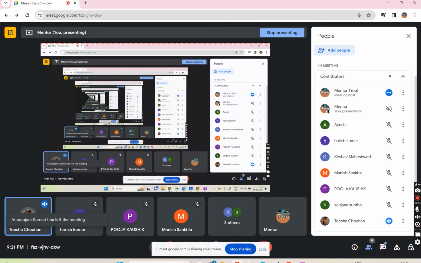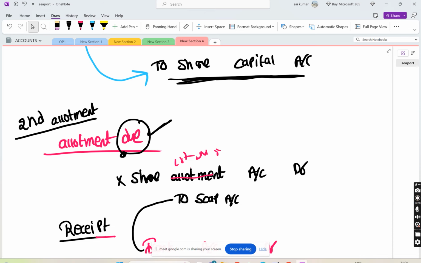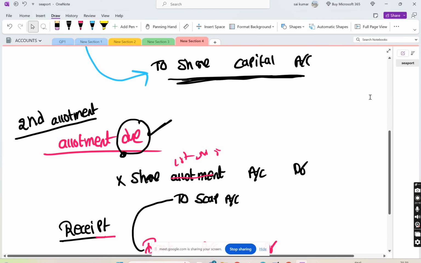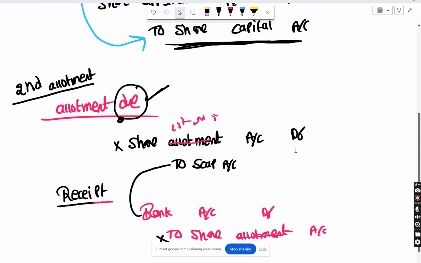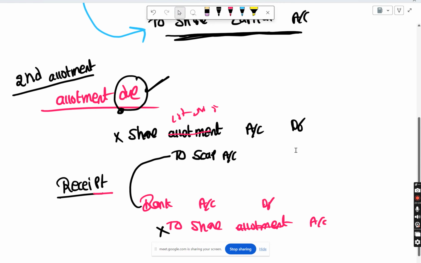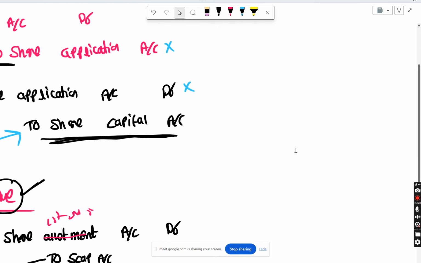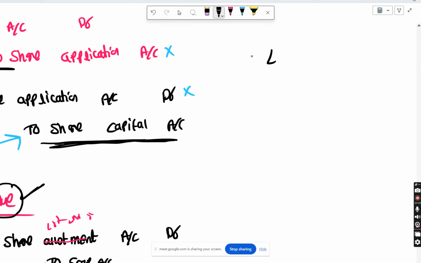I have one doubt, sir. Yes, please. I'm asking, if application and allotment money are received at the same time, what will be the general entry? Very good question. That is a lump sum. What we discussed so far is receiving in installments, but we can also receive in lump sum.